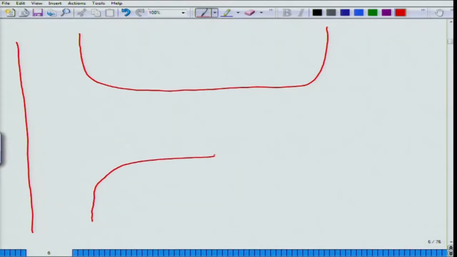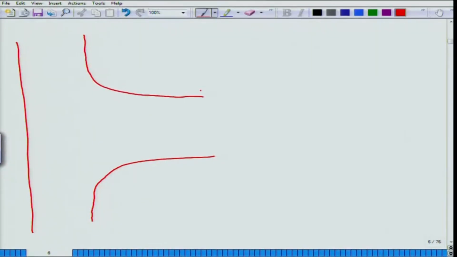Let me draw it in a way so that it makes sense. So, this is the arterial side and this is the venule side.